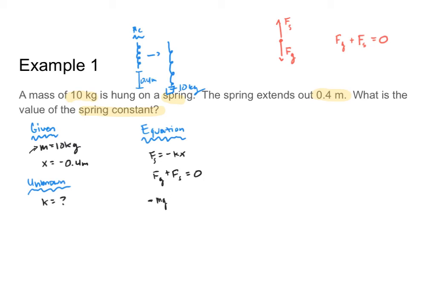That plus my spring force is equal to 0. So that means that my spring force must be equal to mass times gravity. When I plug this back into my equation, that gives me mg is equal to negative kx. And now I am ready to substitute and solve.